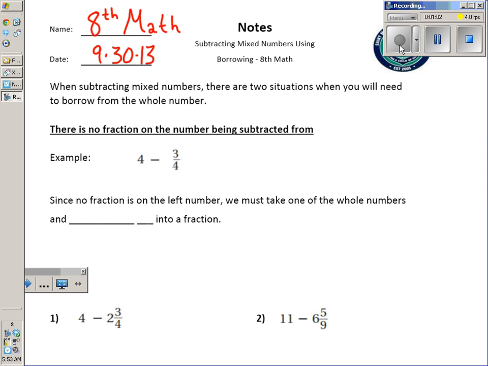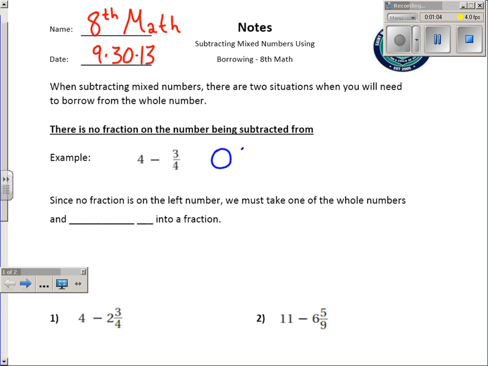So visually, that would be like if we had 4 whole circles. Nothing to pull from, can't take any fourths. But if we split one of those circles into fourths, so then we have 3 wholes and 4 fourths, we would be able to take away 1/4, 2 fourths, and 3 fourths, and we'd be left with 3 and 1/4.